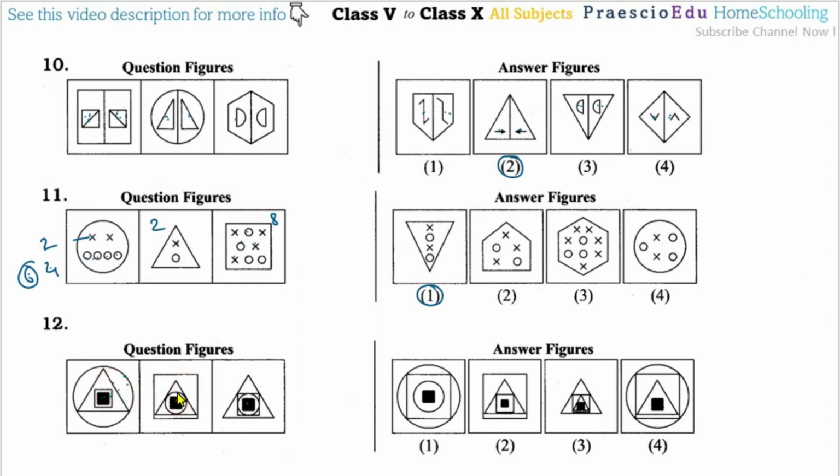Here also one circle, one triangle, and one square. Means the triangle, circle, and square should be there. But here two circles are there, so this is incorrect. Then option number 2 has two squares, so this is incorrect. Then here two triangles are there, so this is incorrect. But here one triangle, one square, and one circle, so option number 4 is the correct one.